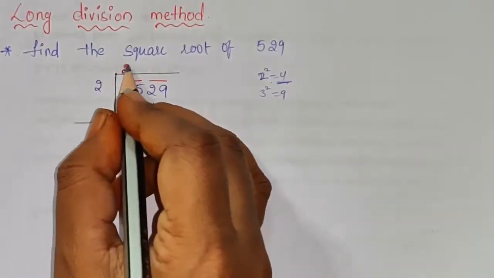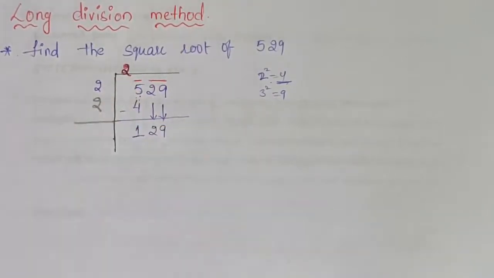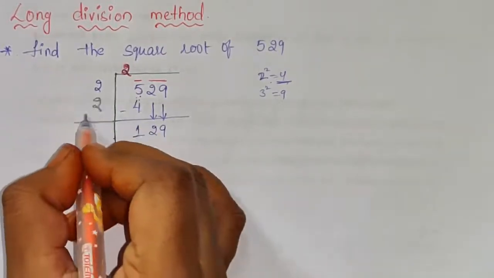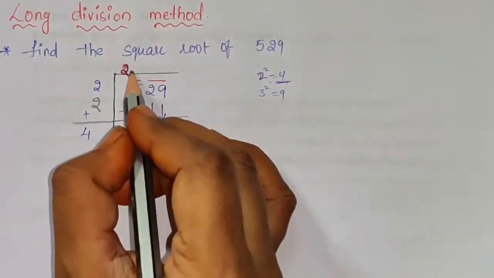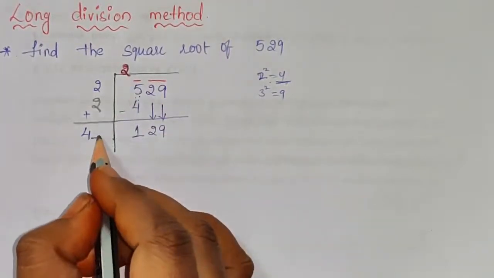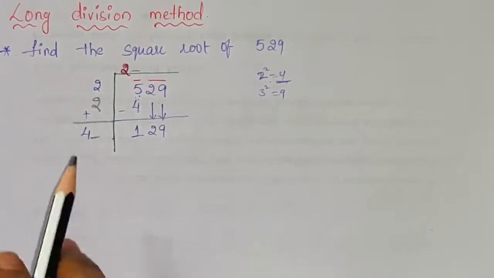In the quotient we have 2, and I am adding the 2 to this number: 2 plus 2 is 4. Now we need to find a number for this blank. Whatever number you take here should be filled in here also. The same number you should take in the quotient and also in the divisor.